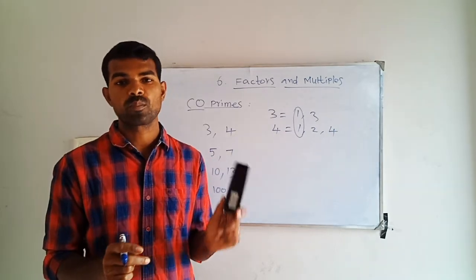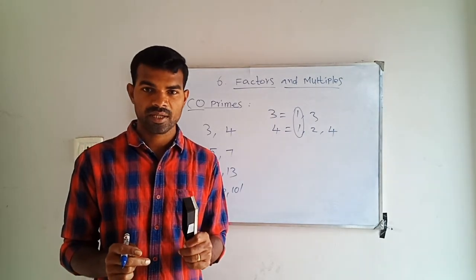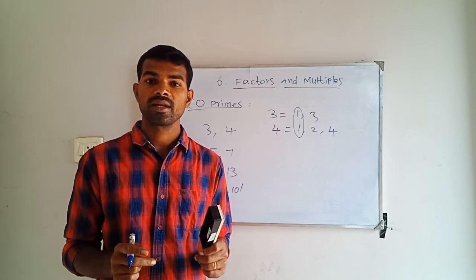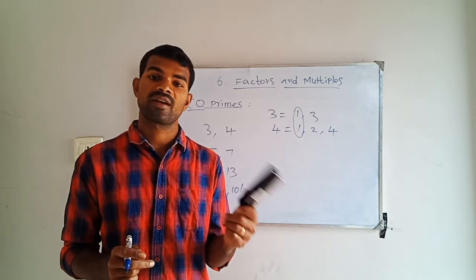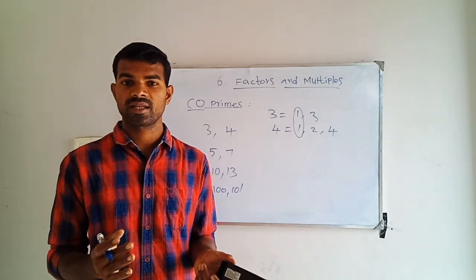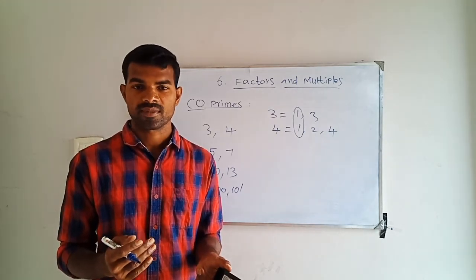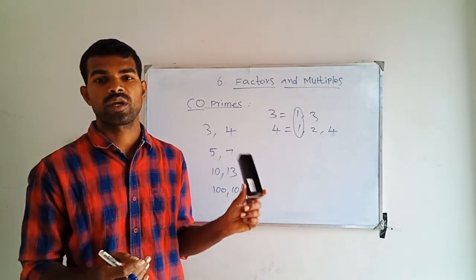Next we saw the composite number. A composite number has more than two different factors. Many factors means a composite number. And next we saw twin primes.